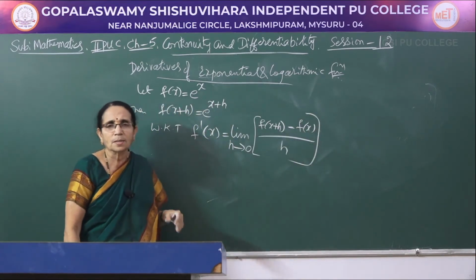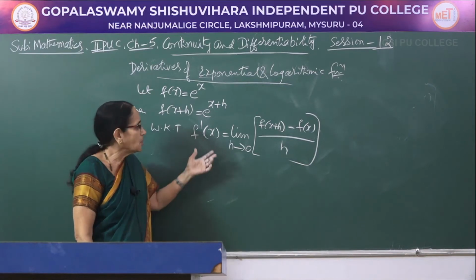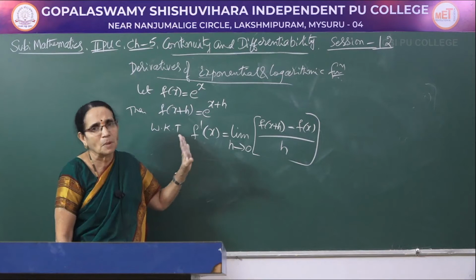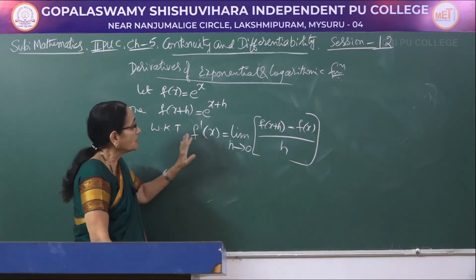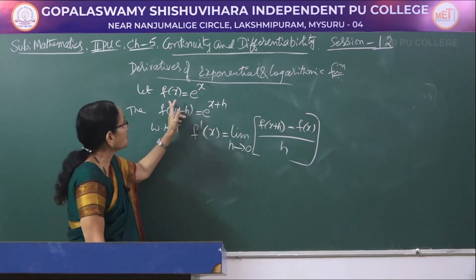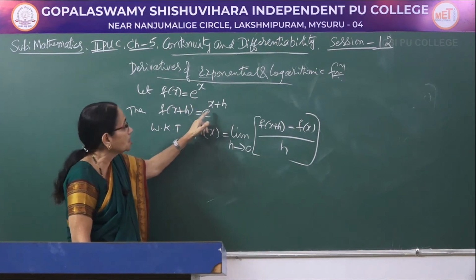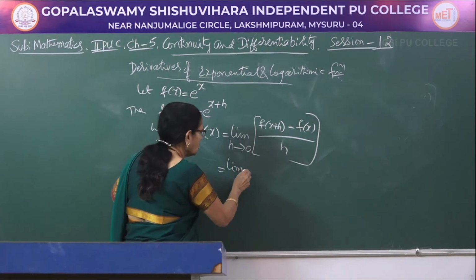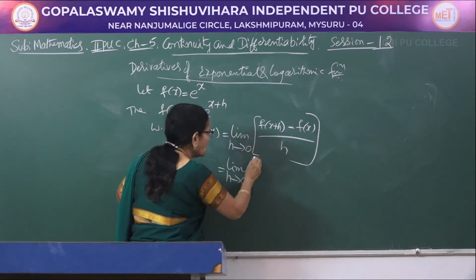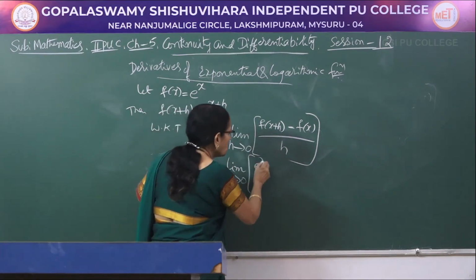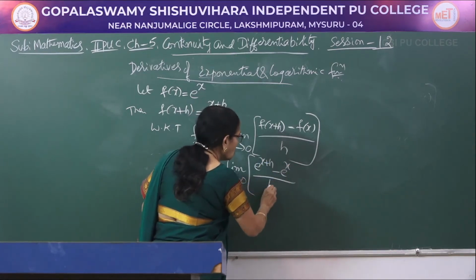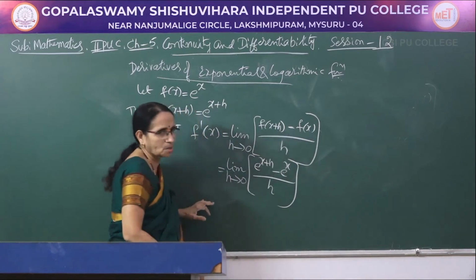This is the standard formula. If you want to calculate the derivative of any function, we use this formula, which is called the first principles method. This is a general formula. But what is f(x) in this case? It is e to the power x. So, let me write this function, that is limit h tending to 0 of e to the power x plus h minus e to the power x, whole thing divided by h.